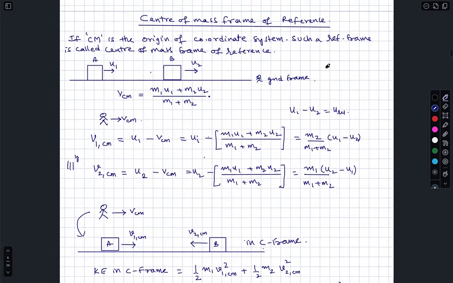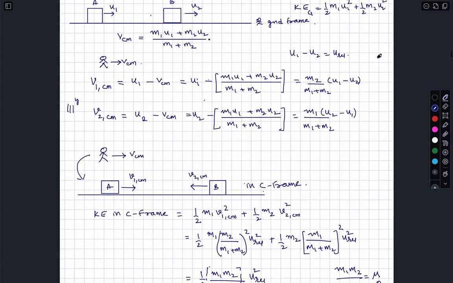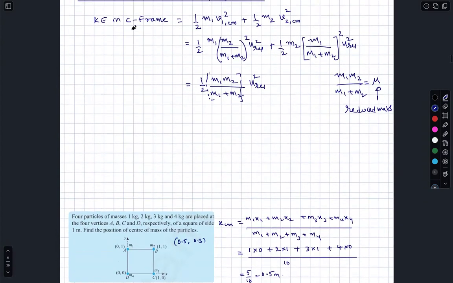Remember, in ground frame, kinetic energy as recorded by an observer in ground frame is half m1 u1 square plus half m2 u2 square. But remember, in C frame, this is the kinetic energy. So how are they related?